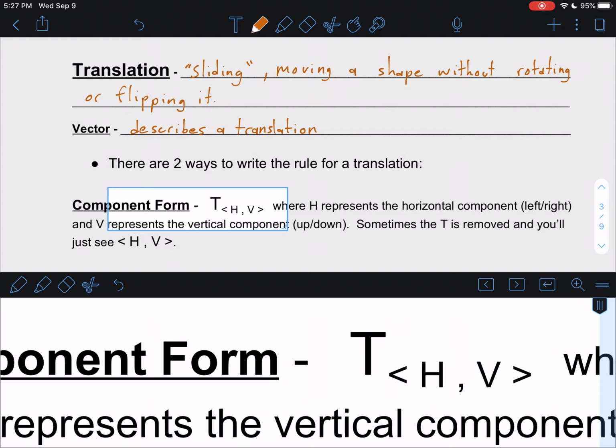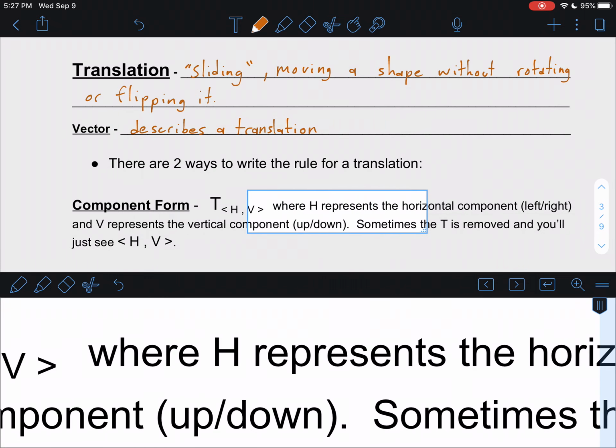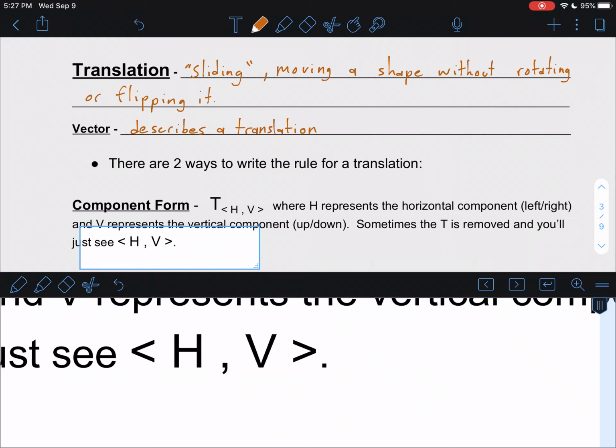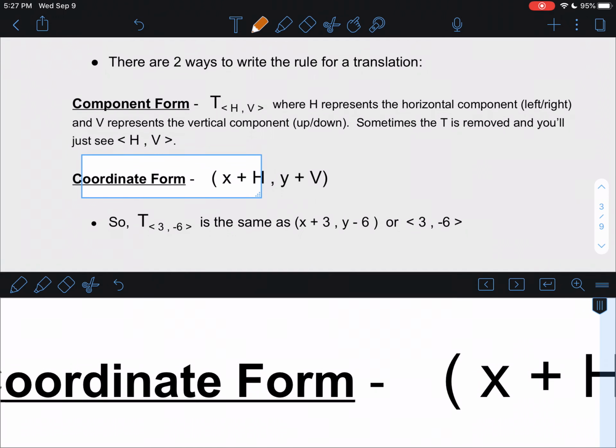And then it has the H and the V, where H is the horizontal component, left and right, and V is the vertical component, up and down. Sometimes the T is removed, and you'll just see HV. So yeah, I don't like component form. I very much prefer coordinate form, which is the next one.